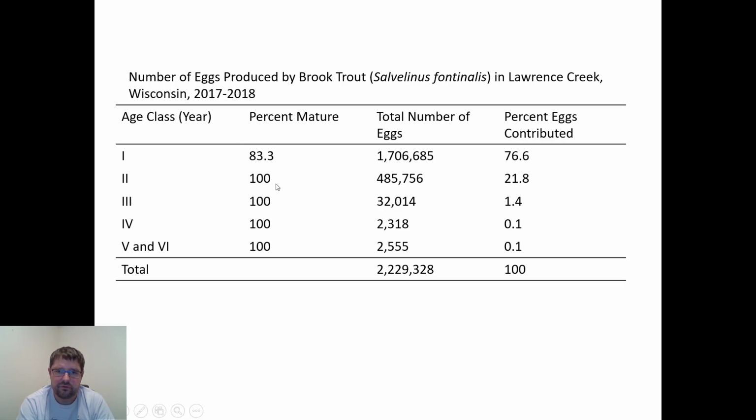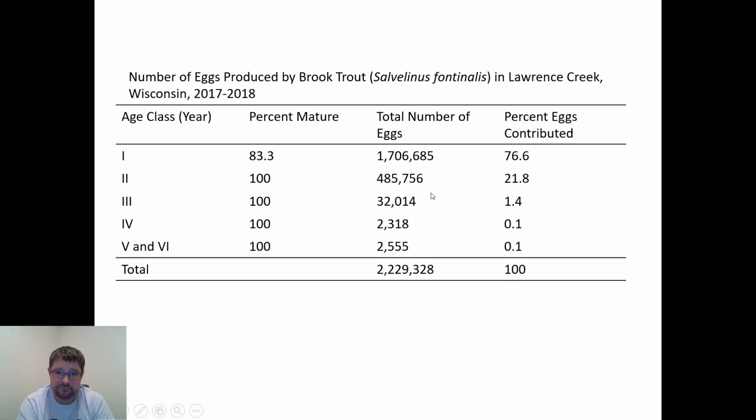The rest of them are 100% maturity. But if you look, your first year class is producing by far the majority of eggs. 76% of the eggs contributed come from your very first age class.